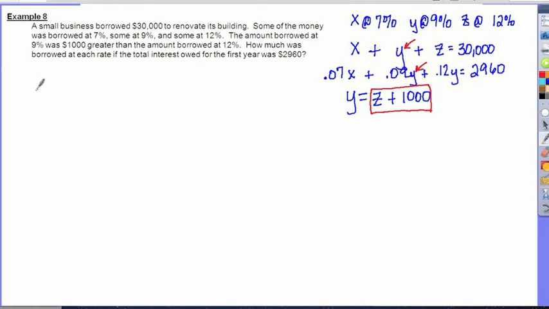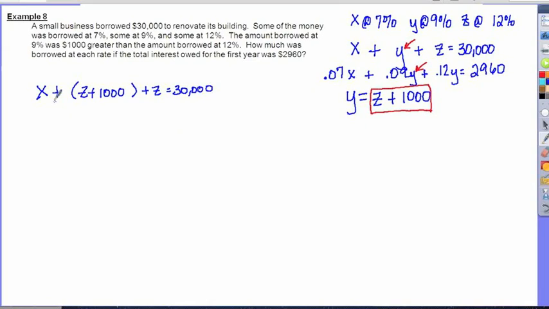I'm going to come over here and substitute in for the first y in the first equation. x plus, and always put parentheses when you substitute, (z plus 1,000) plus z equals 30,000.